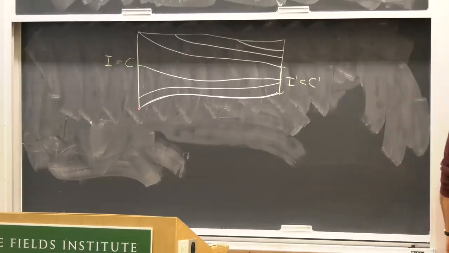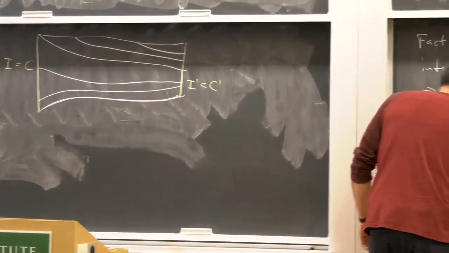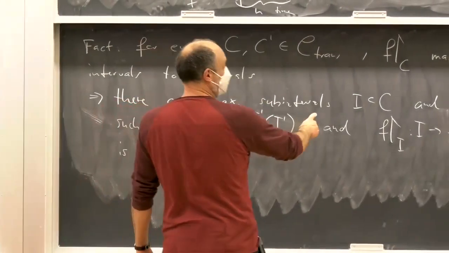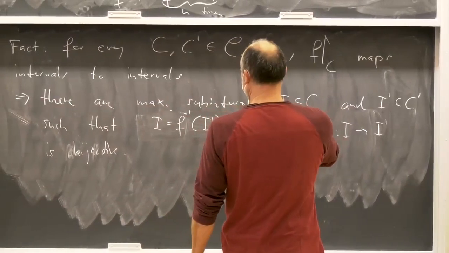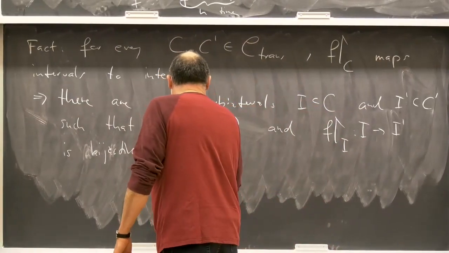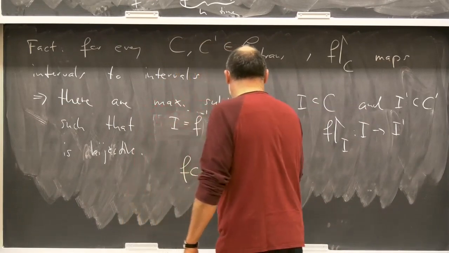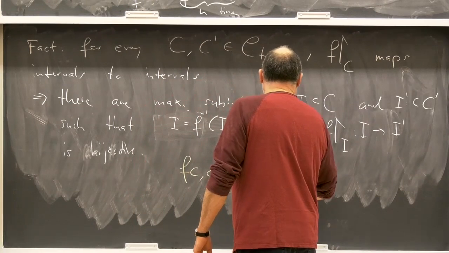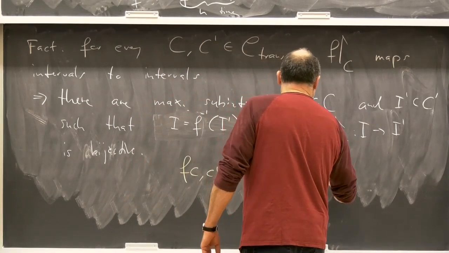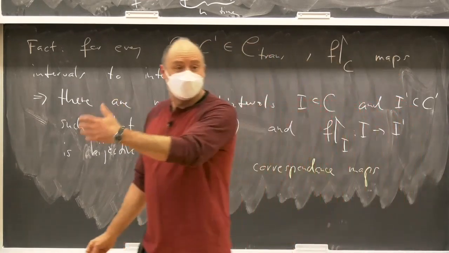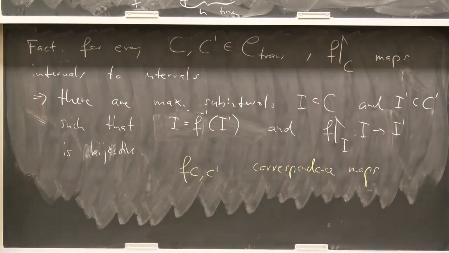Okay, so these maps here, I'm going to call the correspondence maps. So these maps F C C prime are the correspondence maps. They describe, so to say, the local behavior inside one of the open cells.